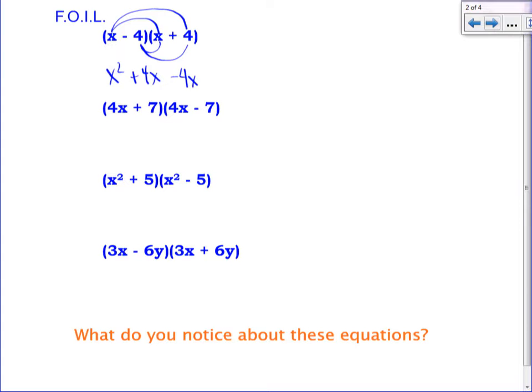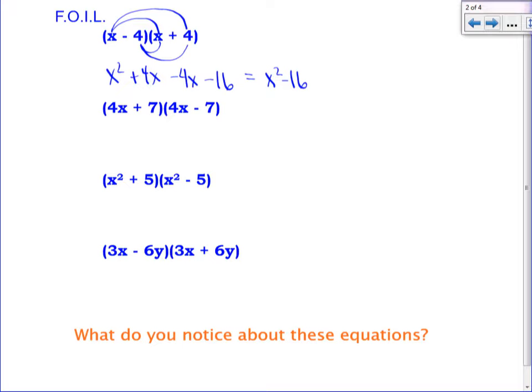And then the last terms, you get minus 16. And then you combine like terms, and you get x squared minus 16. Questions on that?